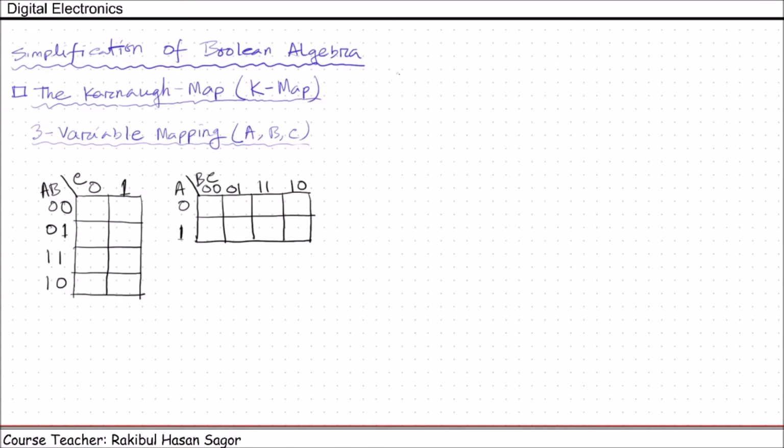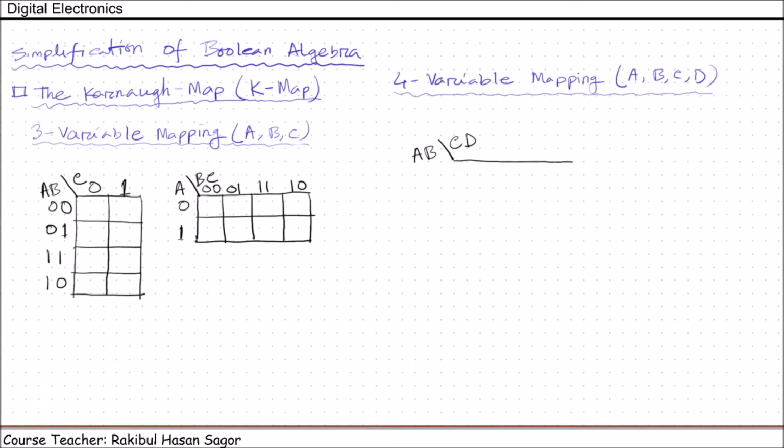Next, let's see 4 variable mapping. Suppose the variables are A, B, C, D. For 4 variable mapping, we'll take A, B on one side and C, D on the other side. So on each side, we have 2 variables. That's why we need to draw 4 columns and 4 rows.